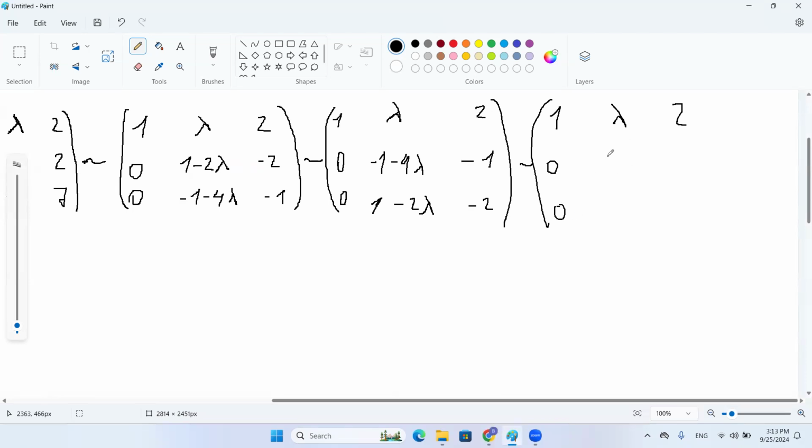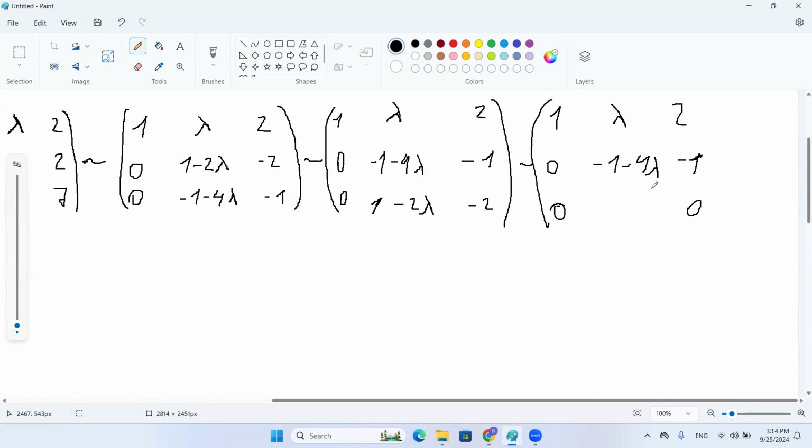We just need to evaluate its rank. Minus 1 minus 4 lambda, minus 1. And here to achieve 0, I need to multiply by minus 2 and then subtract the second row from the third. So what do I have here? Minus 4 lambda. Sorry, any questions?